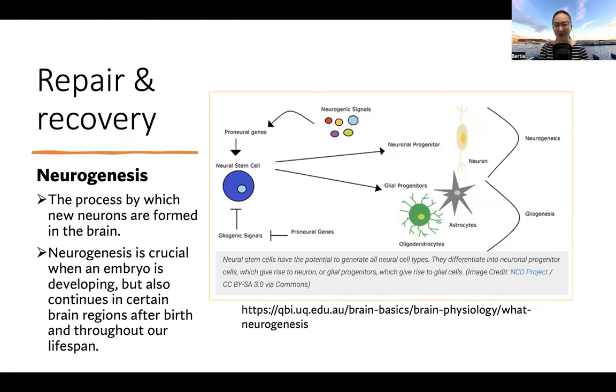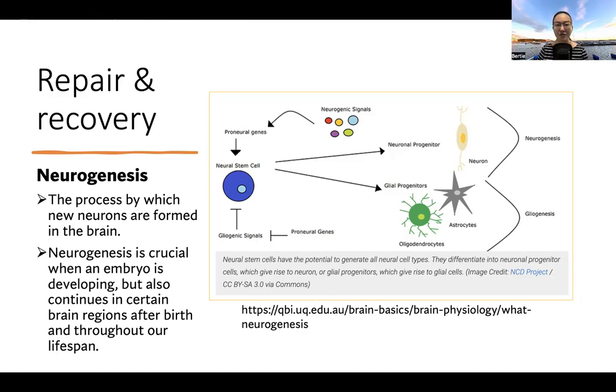Let's look at the picture here. Neural stem cells have the potential to generate all neural cell types. They differentiate into neuronal progenitor cells, which give rise to neurons, or glial progenitors, which give rise to glial cells.